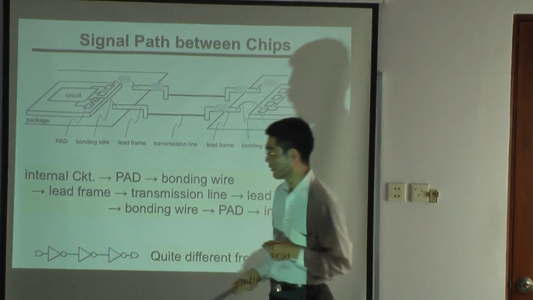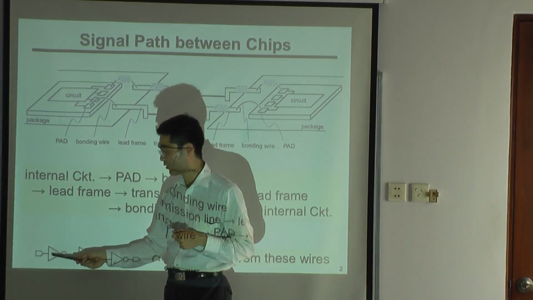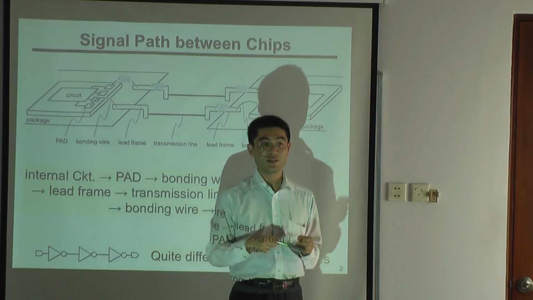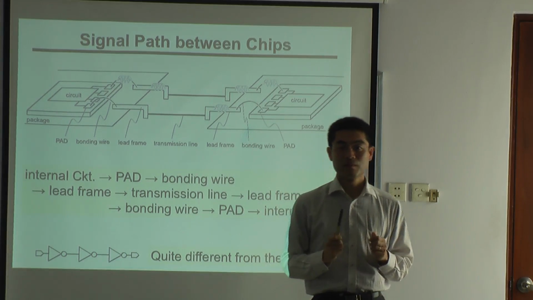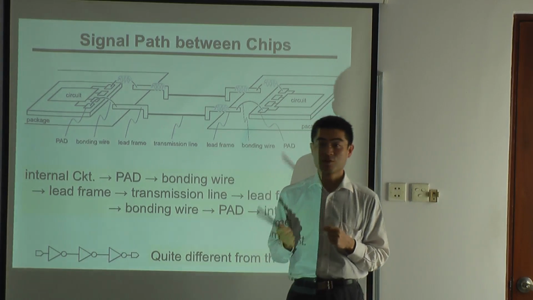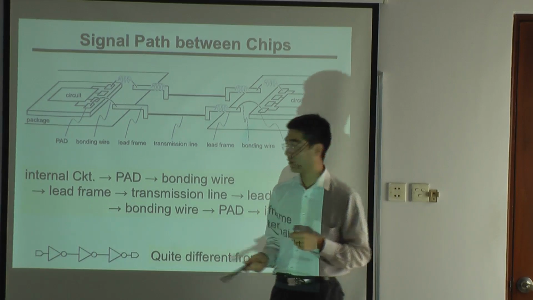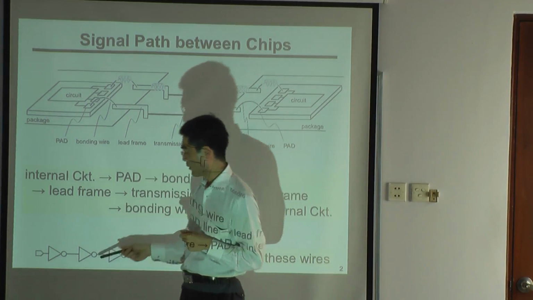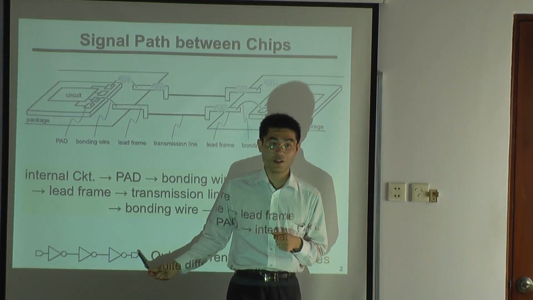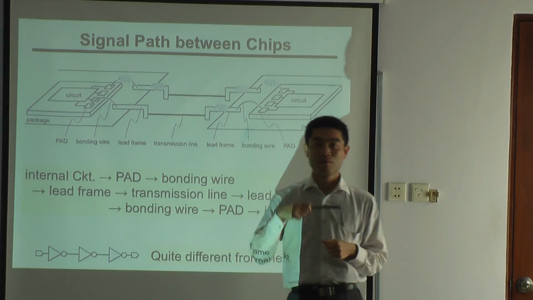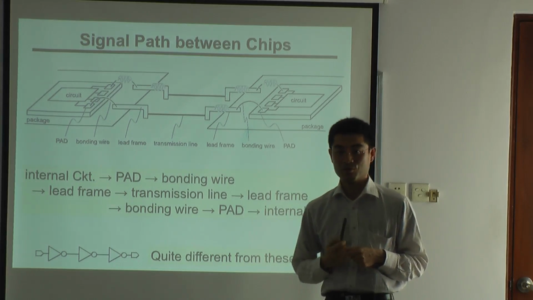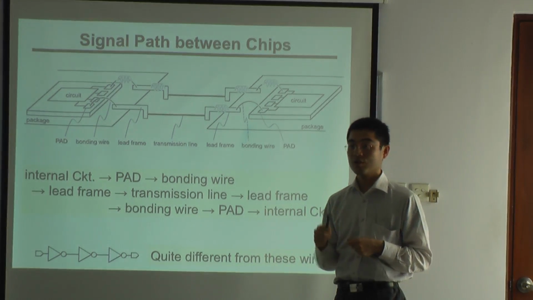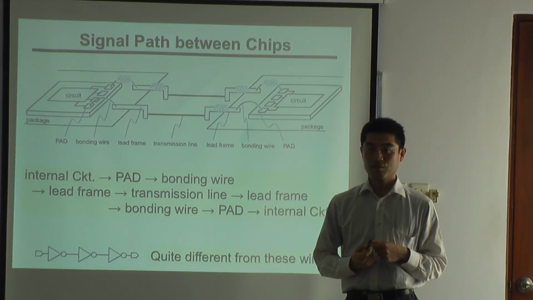So that means if you use very small inverters, it takes a very long time to send signals in order to charge and discharge the capacitors. So for I/O buffers, we have to use large inverters in order to achieve fast signal transmission, to charge and discharge picofarad capacitors.